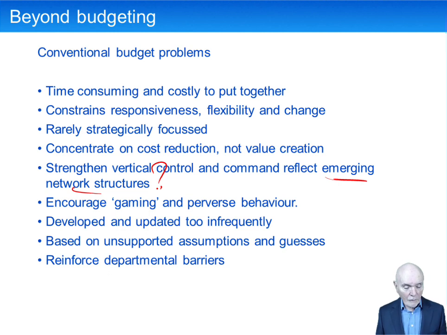There's an old saying that one of the great generals said, every battle plan survives until first contact with the enemy. And it's like every budget survives until first contact with January. It reinforces departmental barriers. Budgets are usually broken up between departments, sales, production, purchases, and so on.